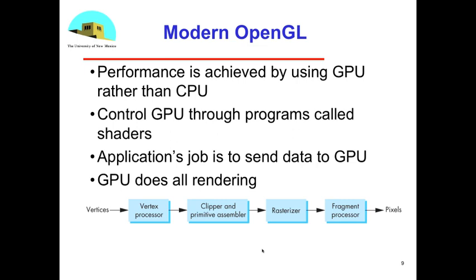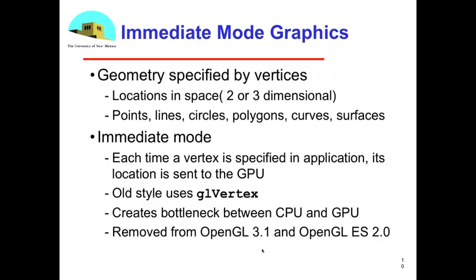Going along with that change, we've gone from what was called immediate mode graphics, and we'll see a few examples of this when I look at some demo code, probably in the next lecture. Originally all these systems were immediate mode graphics, which said that what you do is you specify your objects. Your objects are described, as we've seen, by vertices, because vertices can be used to build up the higher level 2- and 3-dimensional entities we want to work with: points, lines, and going past that, curves, circles, surfaces.